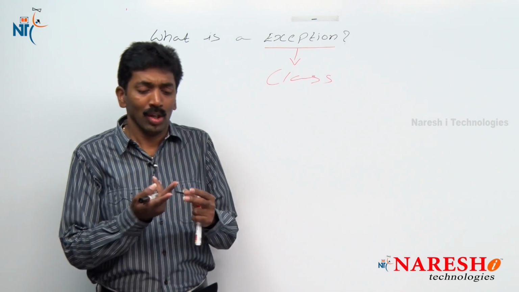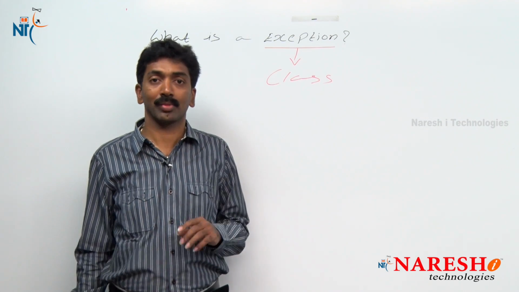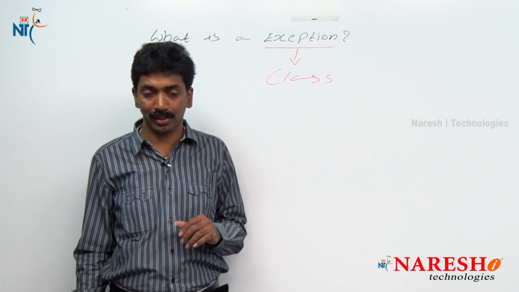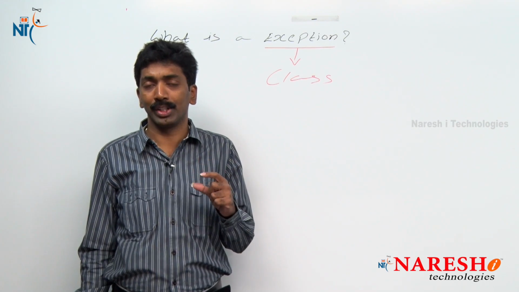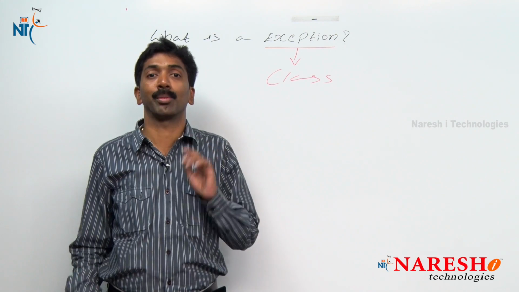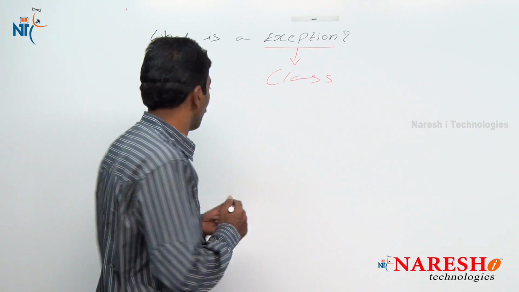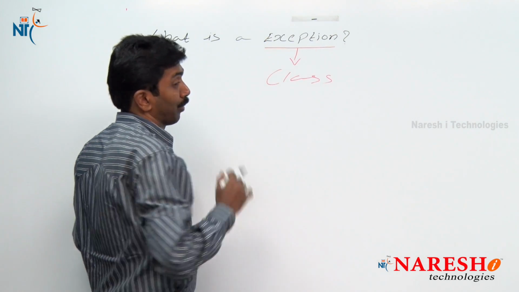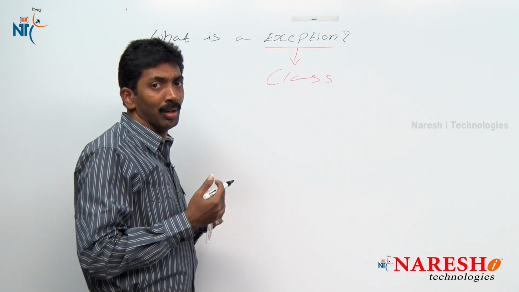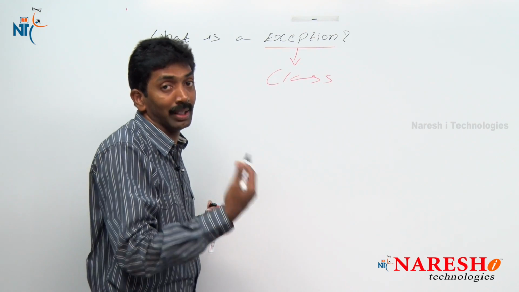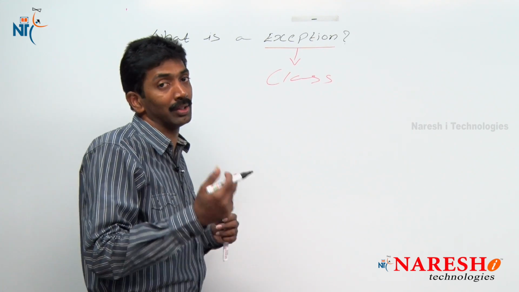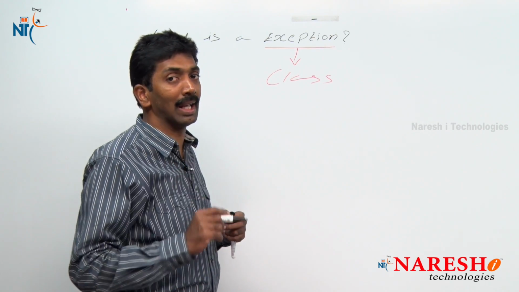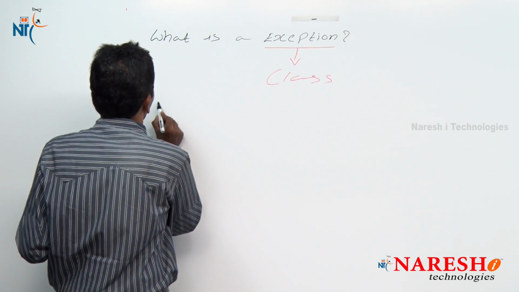I use the word classes because it's not just one class. Representing every different error that comes in my code, there is a different class available. Suppose in our earlier program I showed you, you're trying to print more values than the number of values in the array, meaning the loop executes more times than the number of values in the array. I'll get an error. What is that?